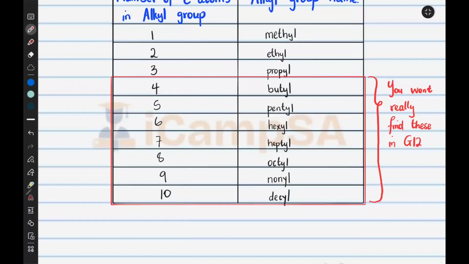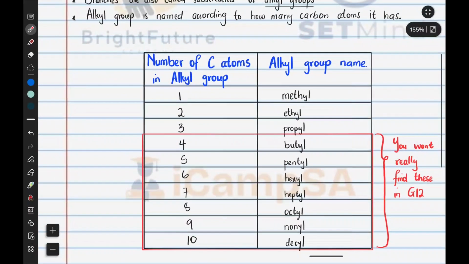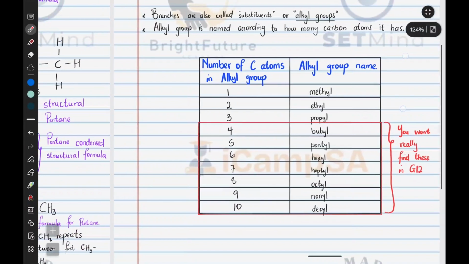If you check the ones in that red box, you won't really find them that much in grade 12 questions, exams and tests. You will mostly find methyl or ethyl. In some instances, you might find propyl. The chain gets way too long for you to find anything from butyl down to decyl. All right, so that's how the alkyl groups work.